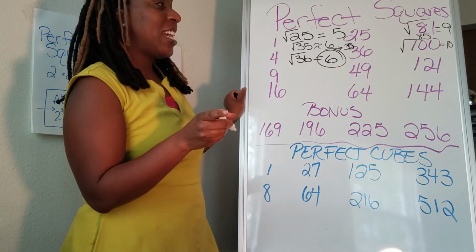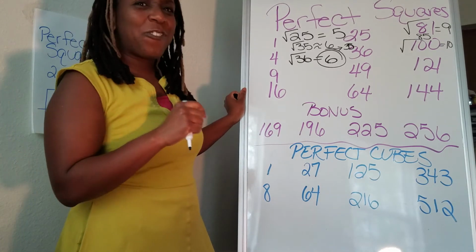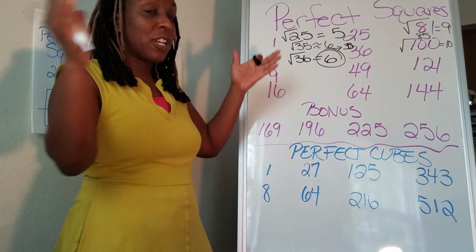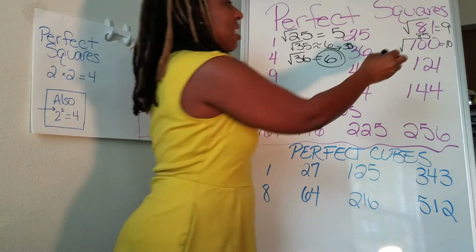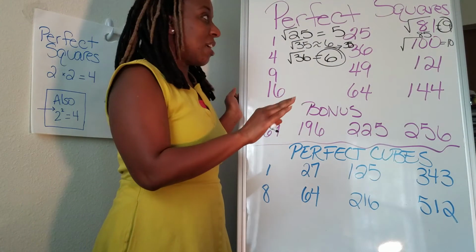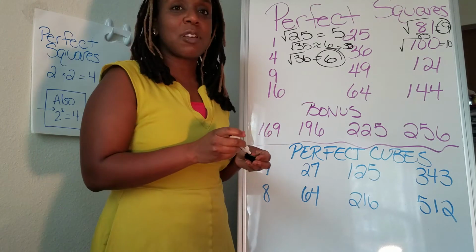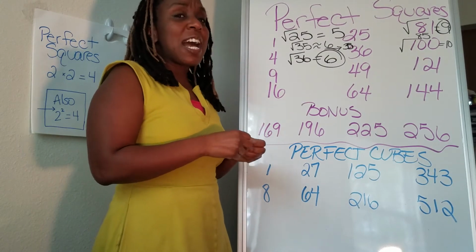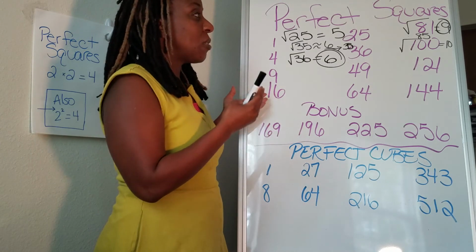Well, I think that 85 is only 4 away from 81, but it's 15 away from 100. So it's so much closer to 81 that my answer is going to be about 9. It's going to be approximately 9. It's not going to be exactly 9. It's probably like 9.2 or something. But if I had to say what whole number it's closest to, it's going to be closest to 9.